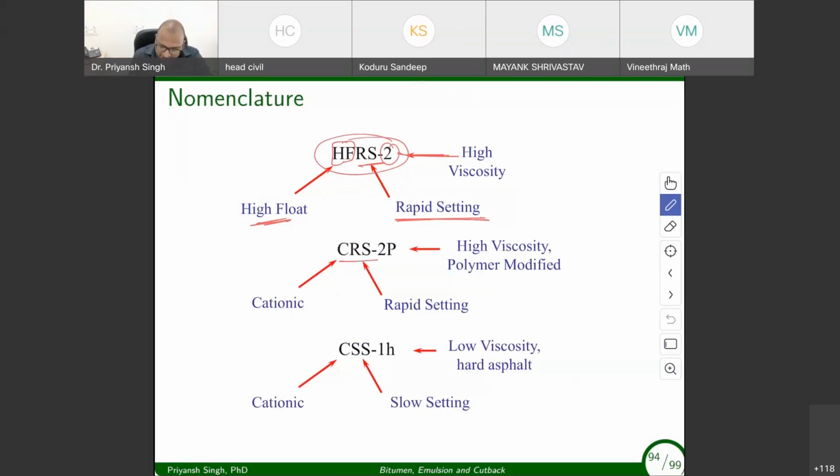Now, if I have CRS2P, that means C indicates cationic, RS indicates rapid setting, 2 indicates high viscosity, and P polymer modified. Similarly, if I have CSS1H, C means it's representing its particle charge, it's cationic, SS means slow setting, and then we have 1H, 1 indicates low viscosity, and H hard asphalt.